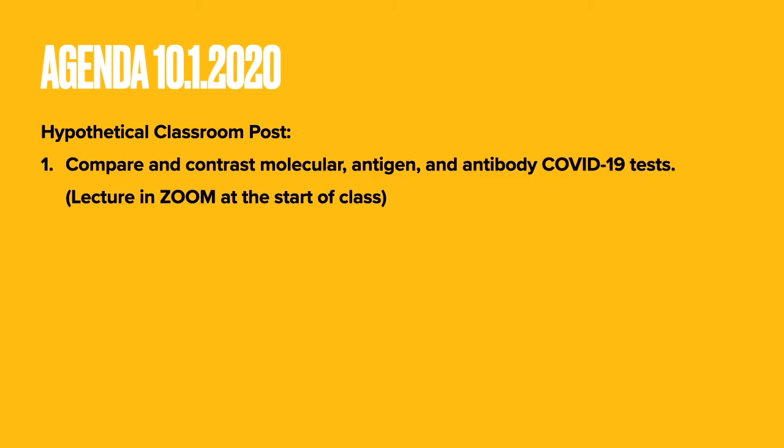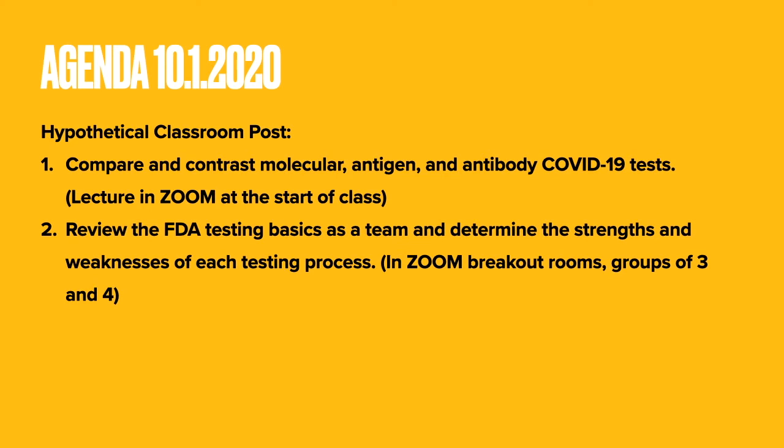Let's say you have a teacher who wants their class to compare different COVID-19 tests, and this is happening in a lecture in Zoom at the start of the class. Then, for the rest of the period, there's going to be a review of the FDA testing basics as a team, and they try to determine the strengths and weaknesses of each testing process.